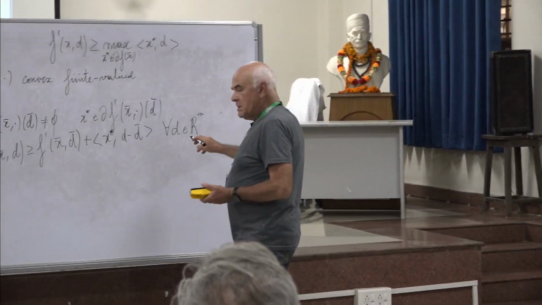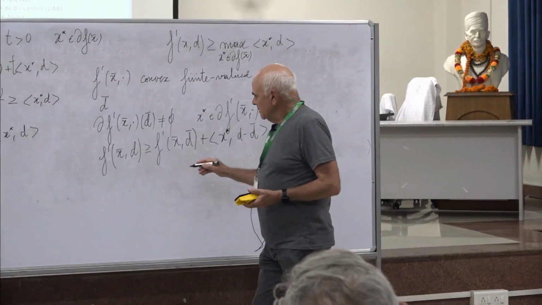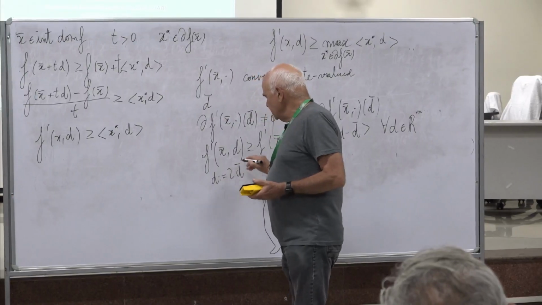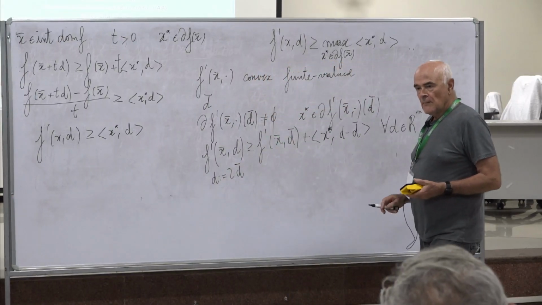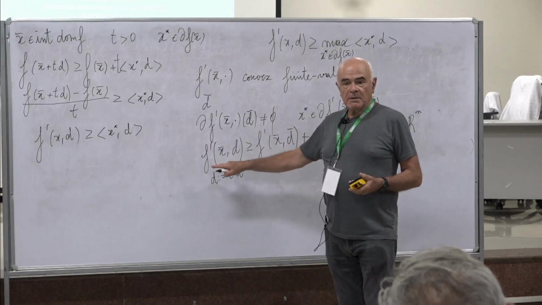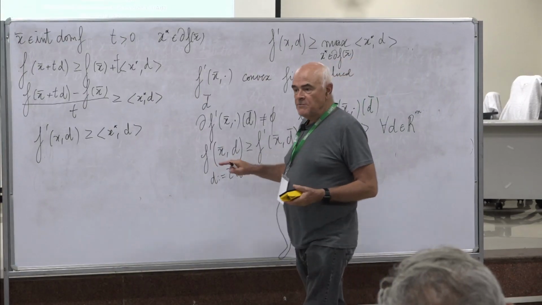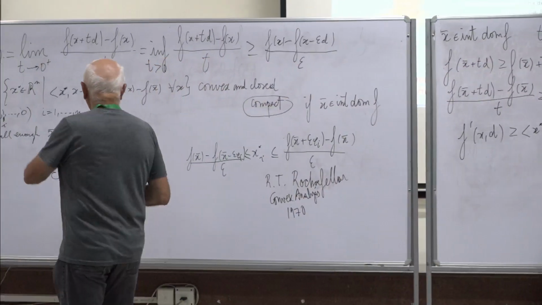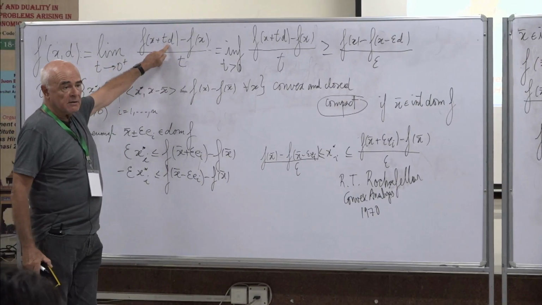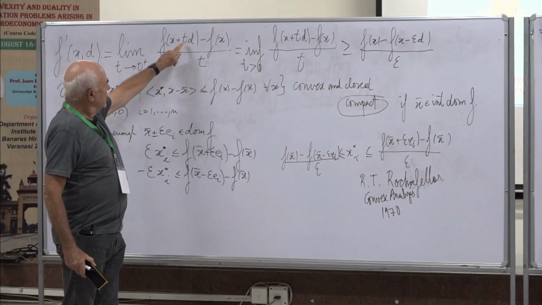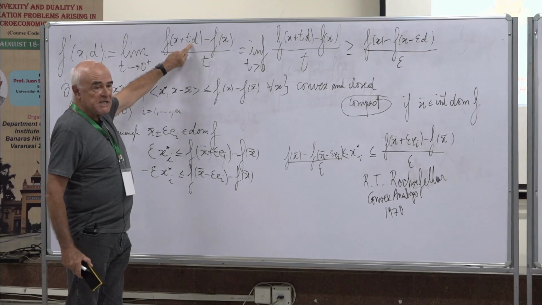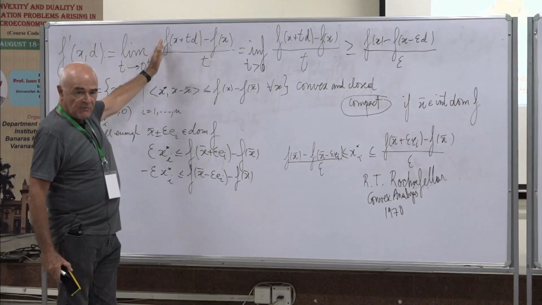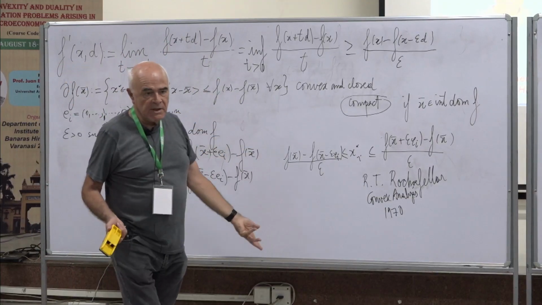If you agree that this is true for every d in Rn, I apply this to twice d bar. And remember that directional derivatives are positively homogeneous in the direction. If I multiply the direction with lambda, I get t lambda, and then lambda comes out as a factor. It's a very easy trick.